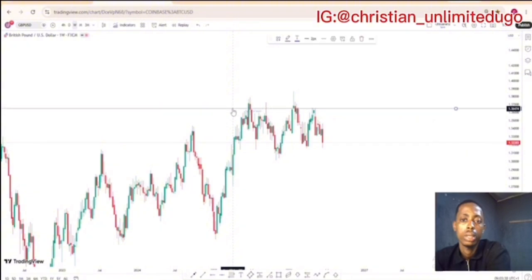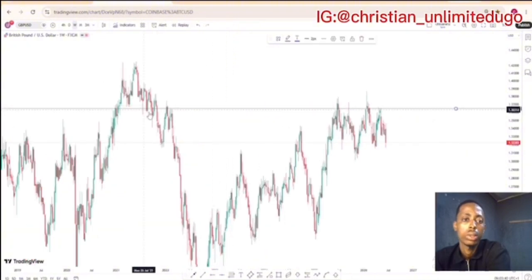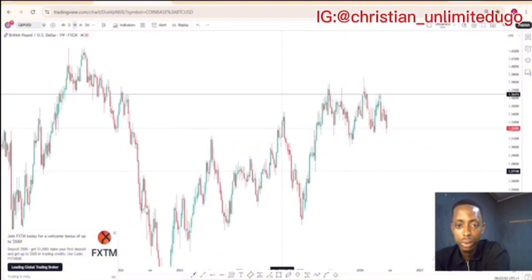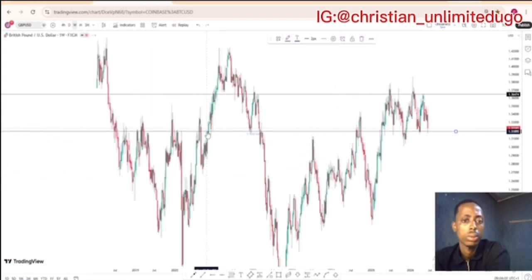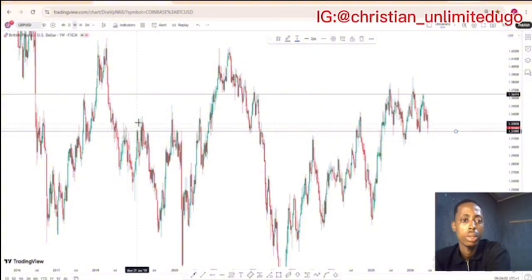I'm going to bring it back down to this level for it to touch this level. 1, 2, 3, 4, 5, 6 consecutive touch. And towards my low, I'm going to bring it towards this, I guess this level. Let me see what the touch is at this level. Okay, 1, 2, 3, 4, 5, 6, 7.